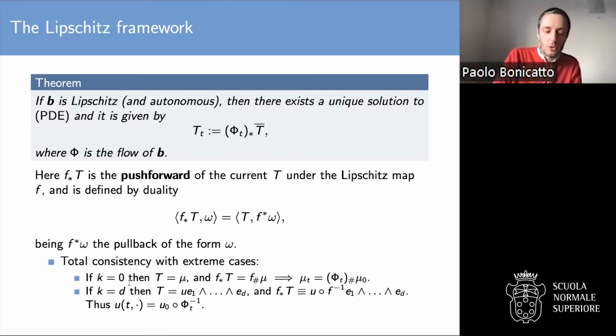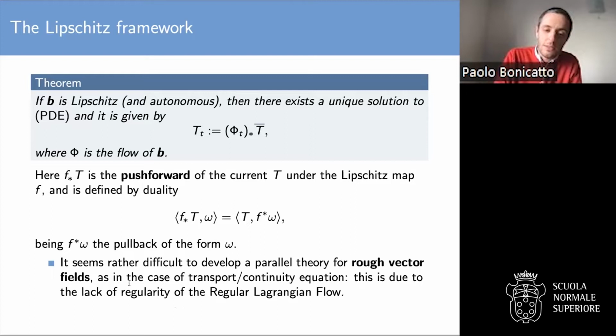In the top dimensional case, instead, the push forward can be written as the precomposition with the function, and so we have the method of characteristics, the Lagrangian solution to the transport equation. There is, however, a problem: it seems rather difficult to us to develop a theory for such an equation for rough vector fields, somehow parallel to the one that we have for the transport equation in the top dimensional case.